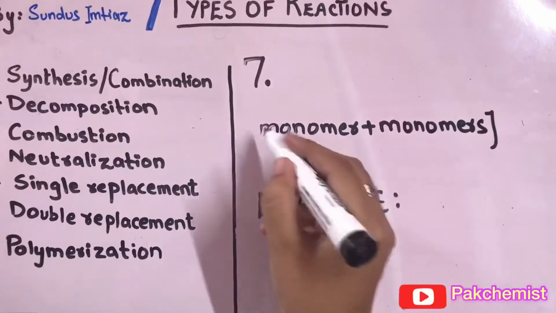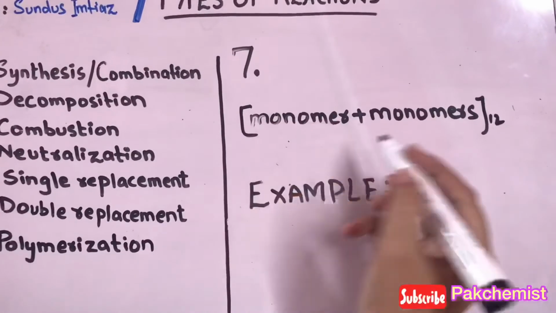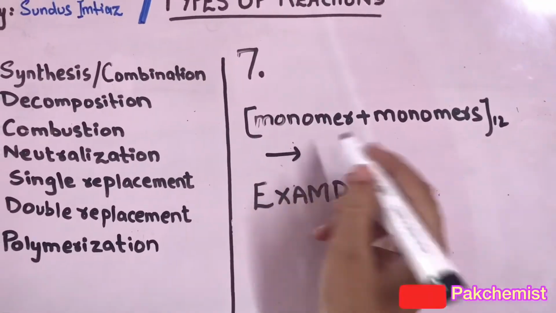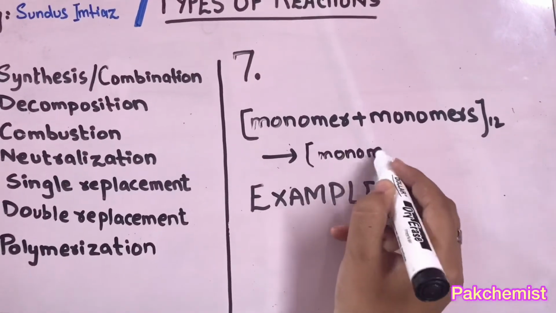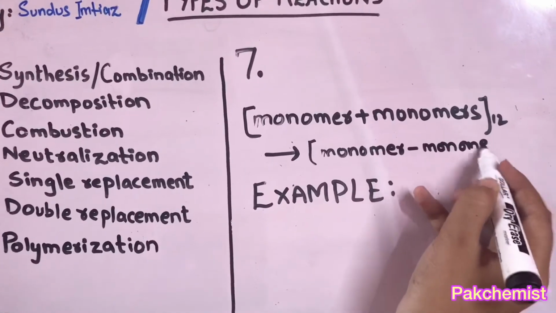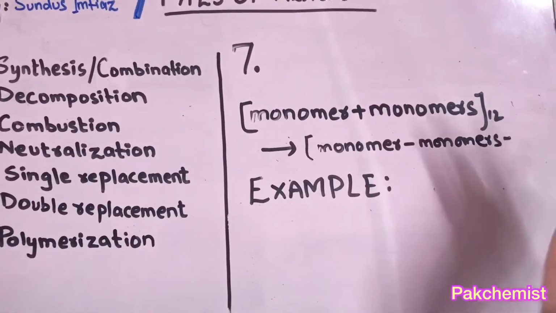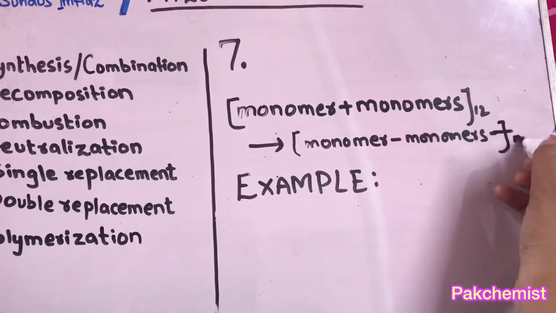For example, we combine 12 monomers with each other. Now after the reaction or after combining, they will be like monomers, and this chain will continue until it forms a polymer, a big chain. Okay.